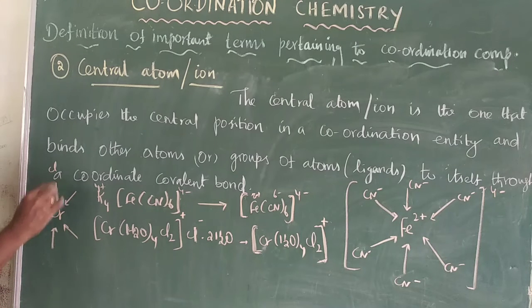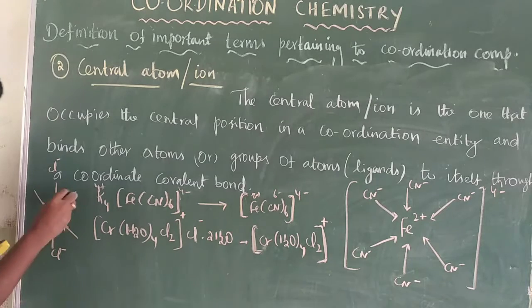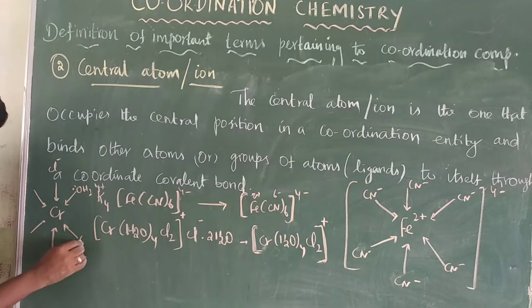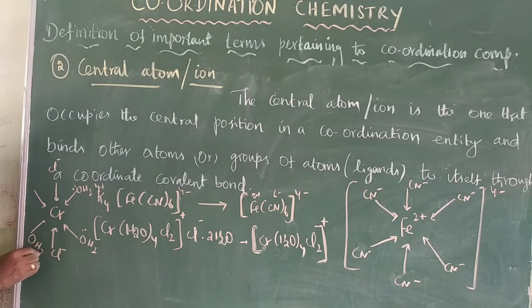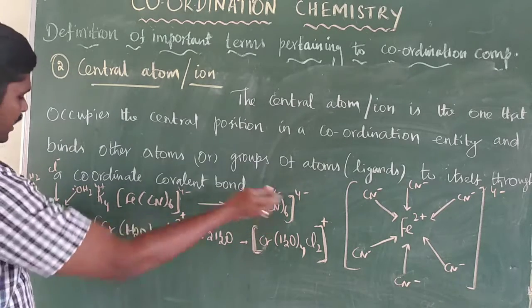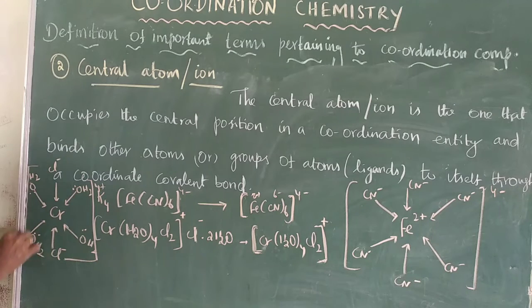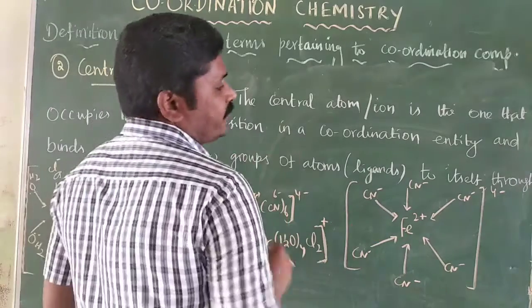Cl, right? Cl minus. H2O donates a lone pair of electrons, OH2, OH2, OH2. Okay, so write the charge plus. So both are coordination entities, right?